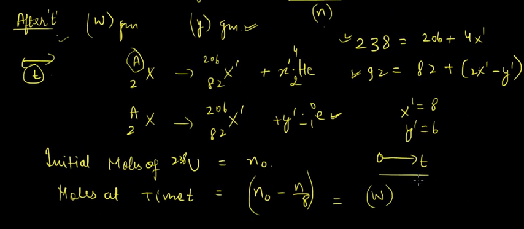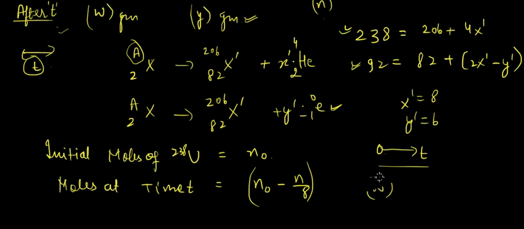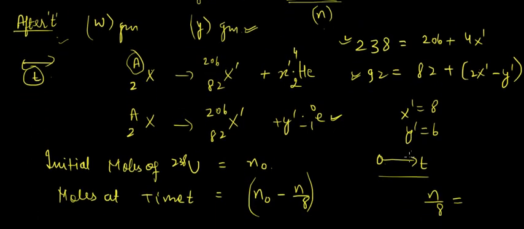We can also write it like n by 8 would be equal to y grams which have been captured divided by 206. So from here we can calculate the value of n.